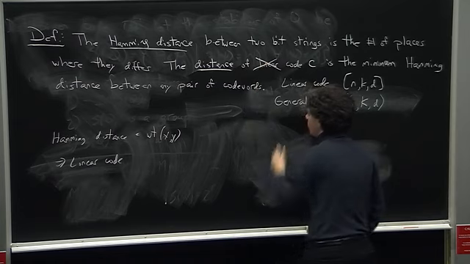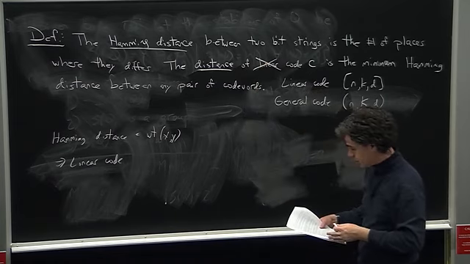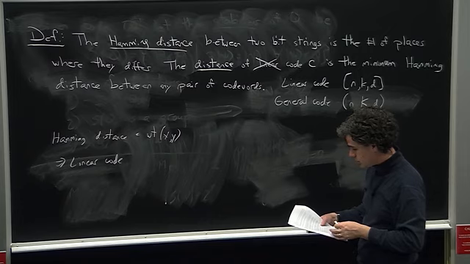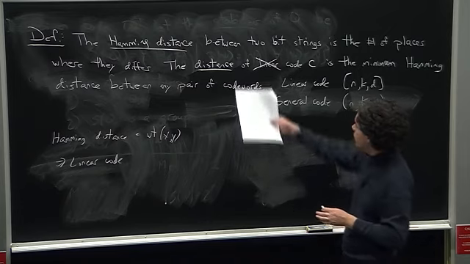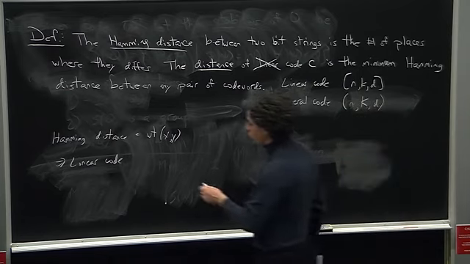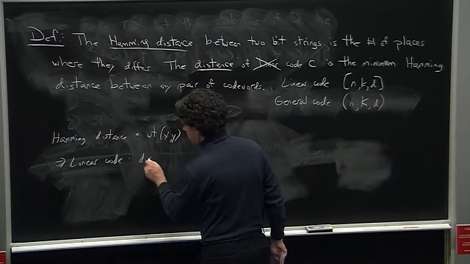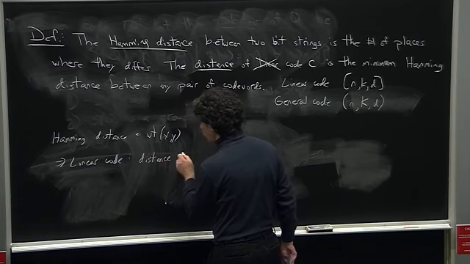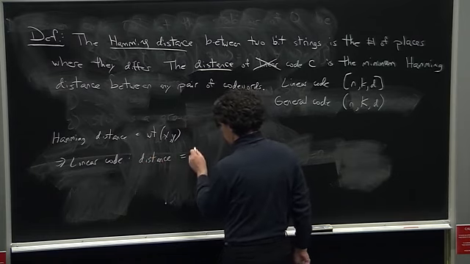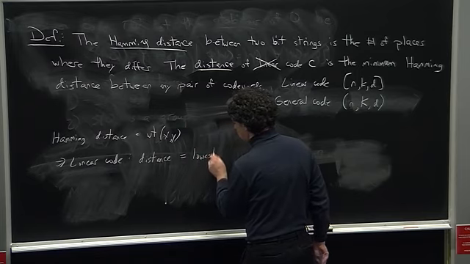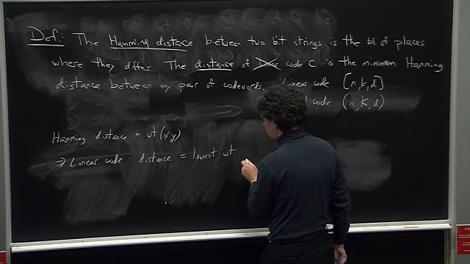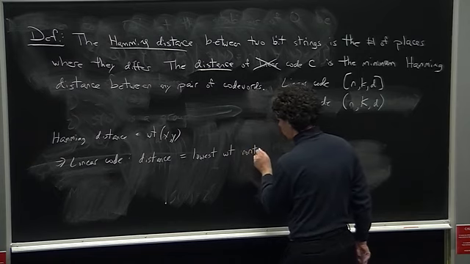This definition of distance didn't even depend on being a linear code. So this distance is fine. But for a linear code, the distance is also equal to the lowest weight non-trivial code word.